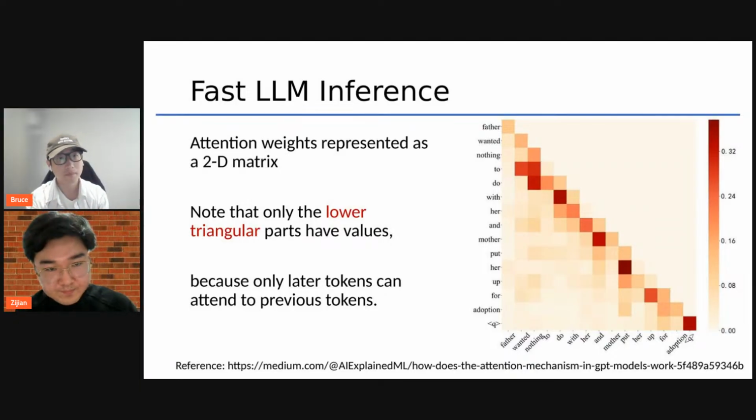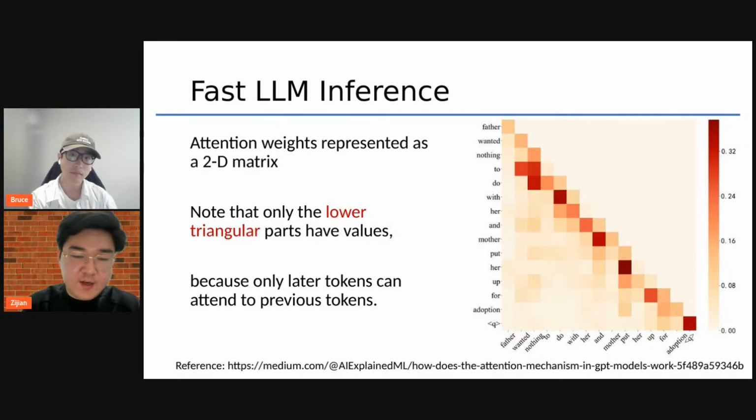When we ask the LLM to generate the next token, we have to augment this matrix to compute the interaction between the old tokens and the new token. However, we don't have to recompute the interaction between the old tokens, right? We only have to compute the interaction between the old tokens and the new token.